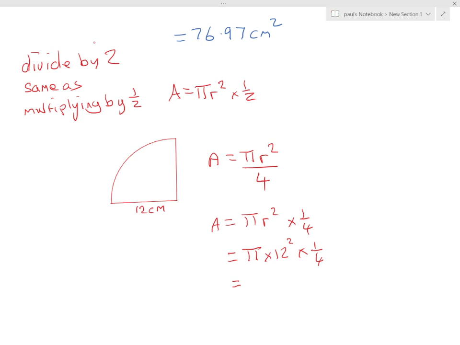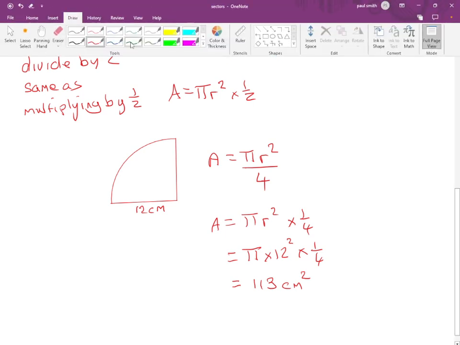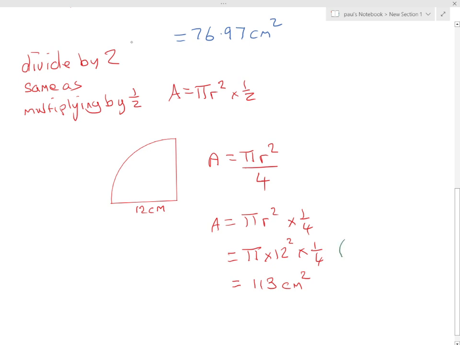I could have just times it by 1, divide by 4, it would come up the same way, and that equals 36 pi, 113 centimeters squared. So even that quarter, when you're putting it in the calculator, that is 0.25. If you can't remember that, then just multiply by 1 and divide by 4. It comes out the same thing.